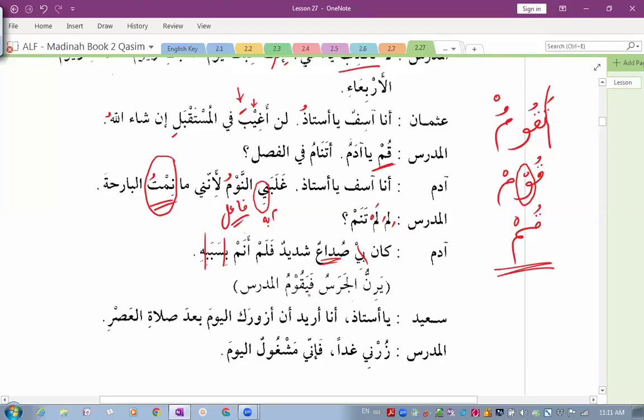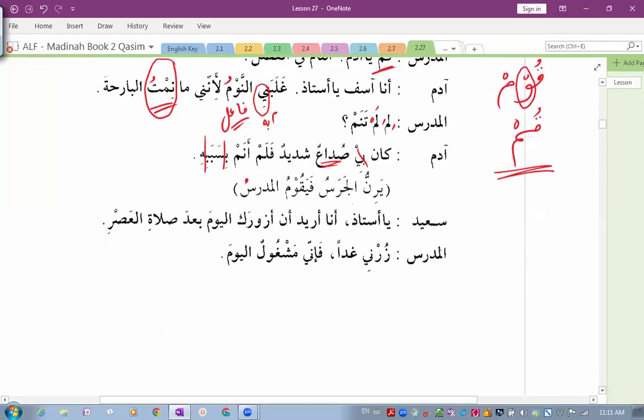Yarinnul jarasu wa yaqumul mudarrisu. So the bell rings and the teacher stands. Saeed says, Ya ustazu, ana uridu an azuraka al-yawma ba'da salat al-asri.